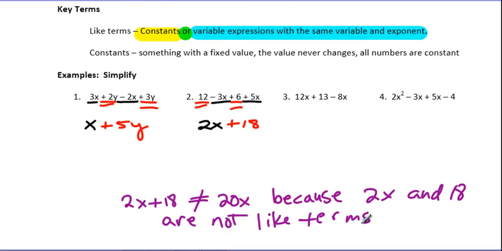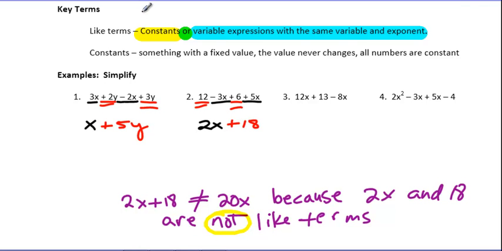You need to have this if you want credit for your homework tomorrow. If you don't have this statement here in purple, you are not getting credit for your homework. You might even want to underline or highlight the word not. They are not like terms.